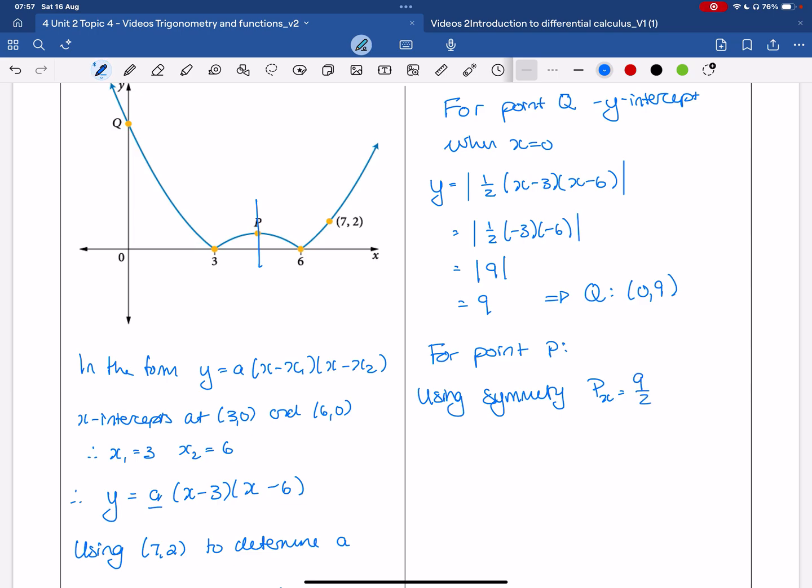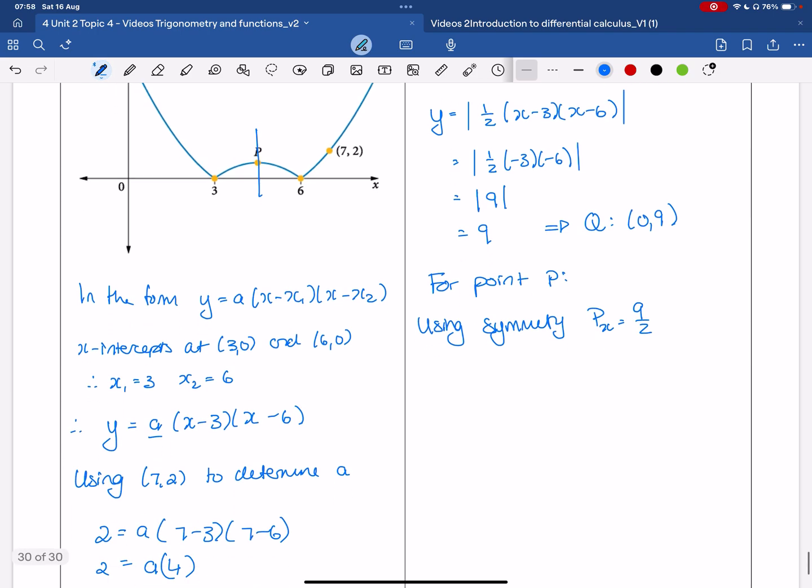So P of x is 9 over 2. And I'm going to substitute Px, my x value of P, into my equation to get my y value.